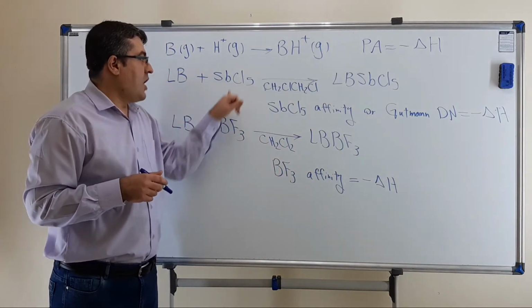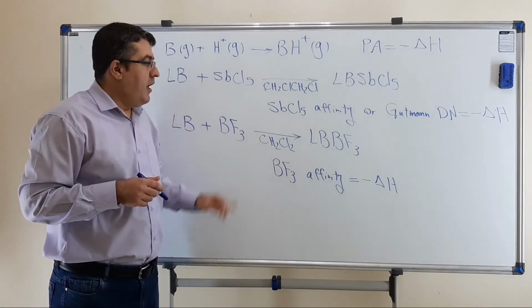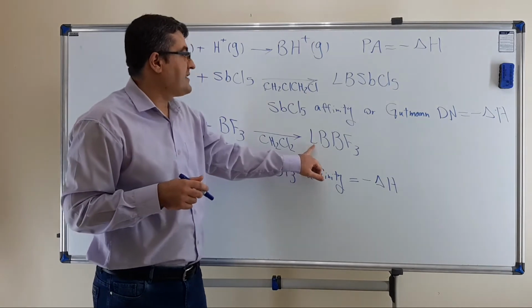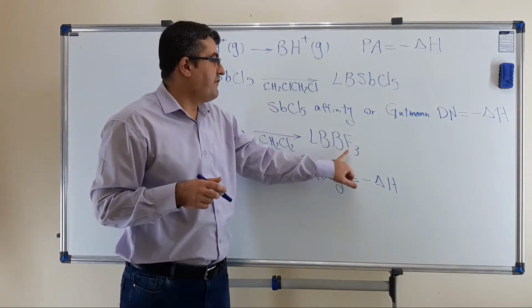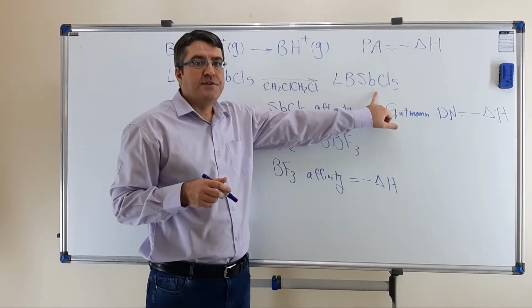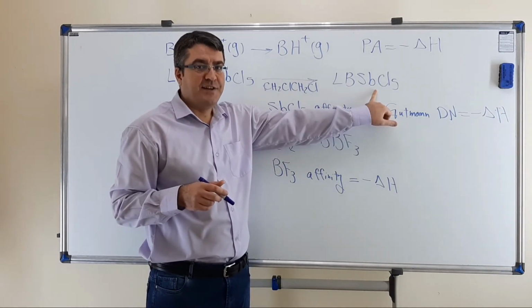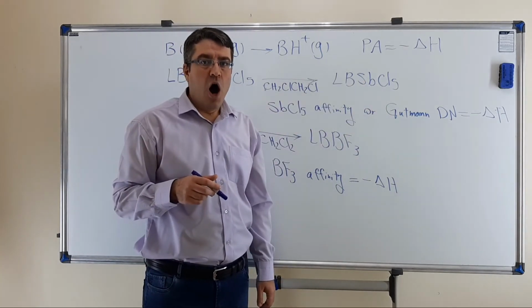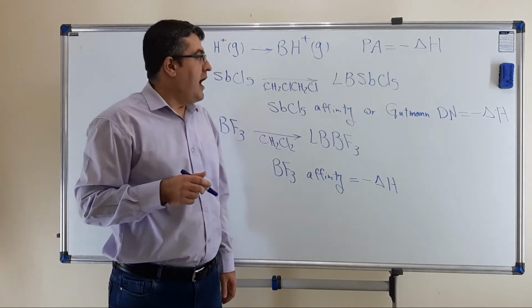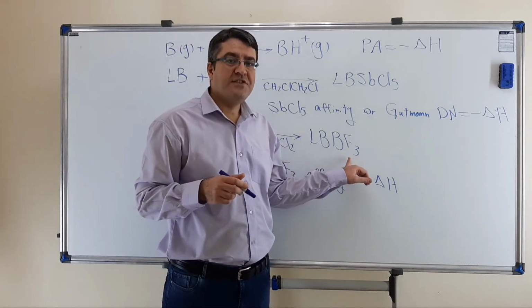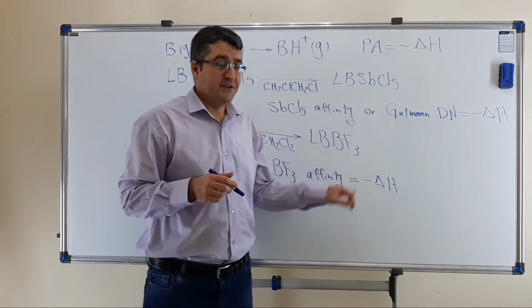These two scales are very similar, especially with consideration of the fact that boron trifluoride and antimony pentachloride have similar Lewis acid characteristics. They both are hard, have high Lewis acid strength, and also can be considered to have some similar steric properties.